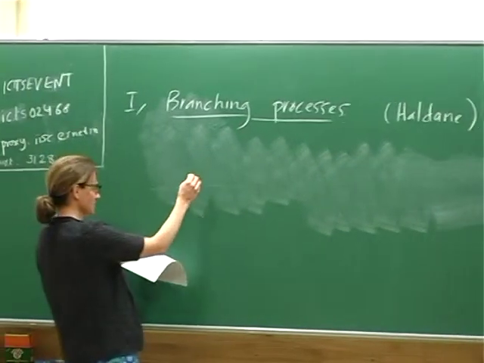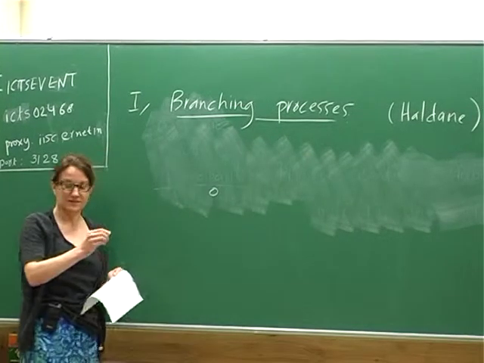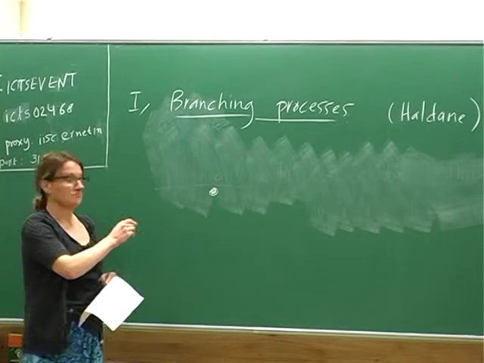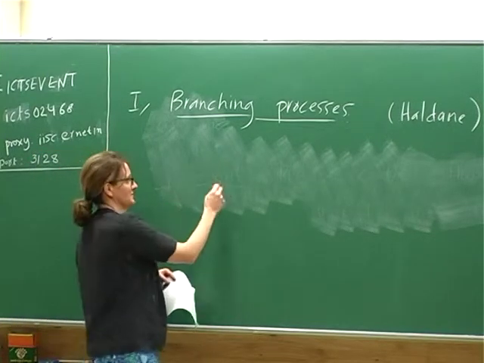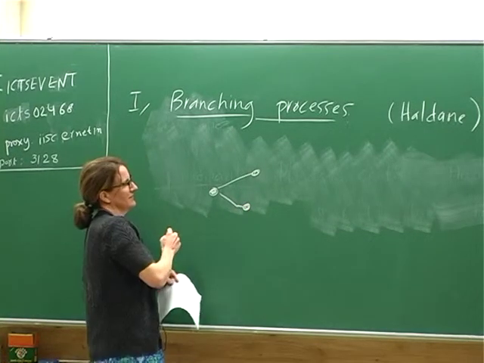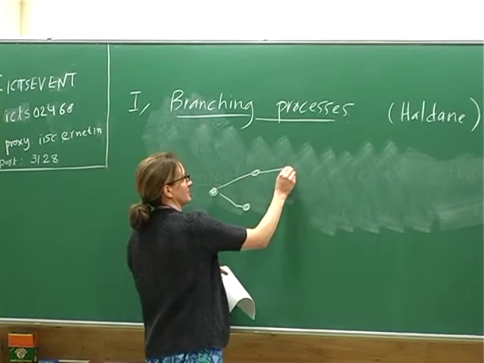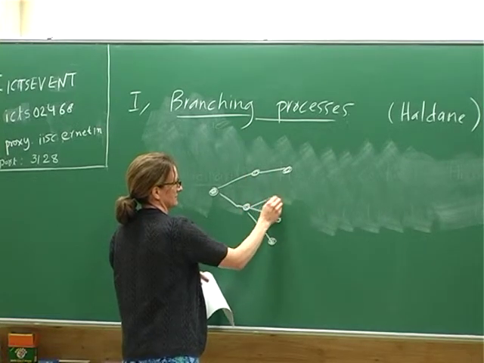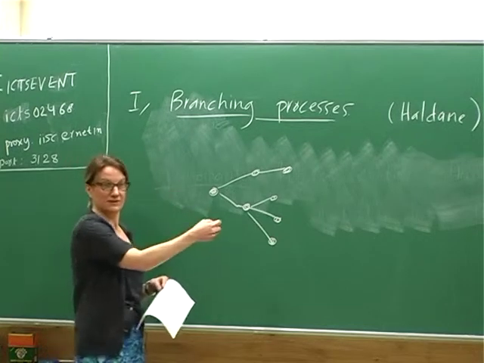To this problem. So you imagine, the idea here is you have this beneficial mutant, and we're going to keep track of its offspring. So maybe it had 2, and maybe this one had 1, but this one had 3, in the next generation, and then in the next generation, and so on.